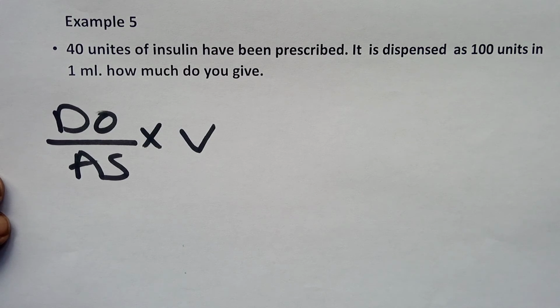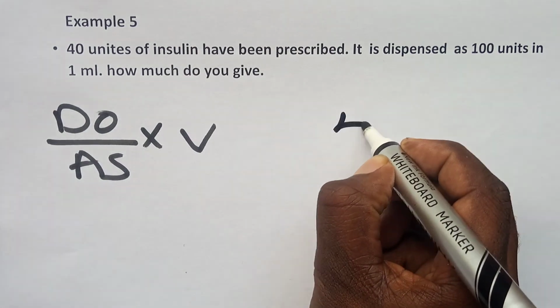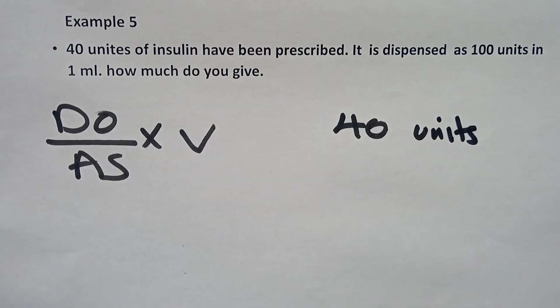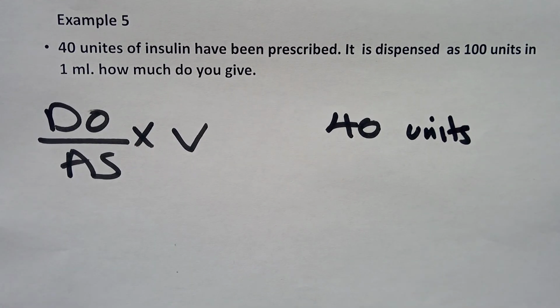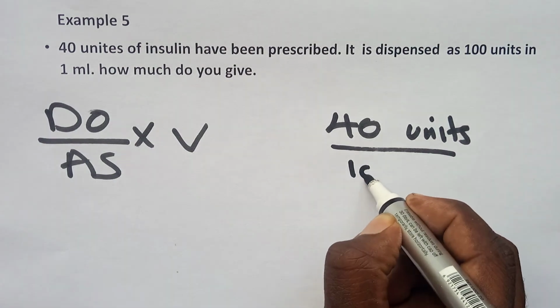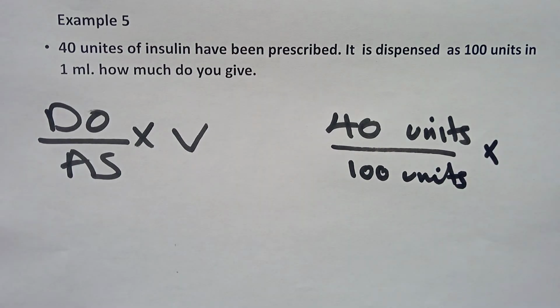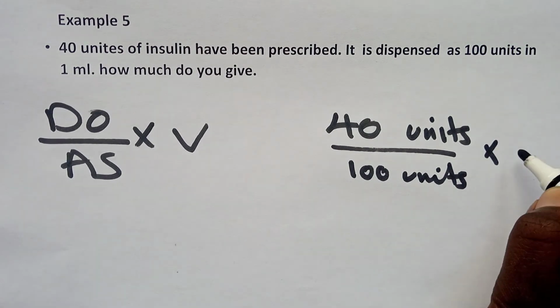Then what's our doctor's order? Let's replace them in the formula. Our doctor's order is 40 units. Now these 40 units we are going to divide by our available stock. What's our available stock? It's 100 units times volume. What's our volume? It's 1 mil.